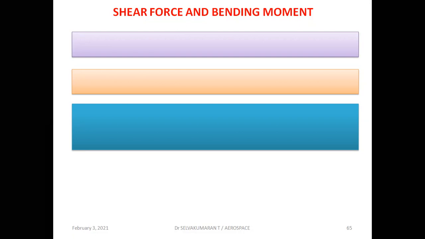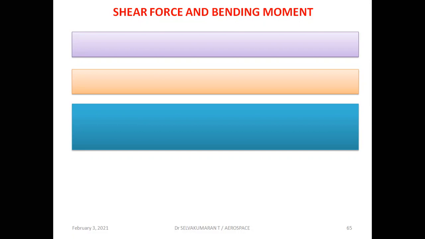If the loads are acting, for example, perpendicular to the longitudinal axis of the beam, the beam will bend. The beam will be subjected to bending, which produces a bending moment, a bending stress or a deflection, whatever it is.